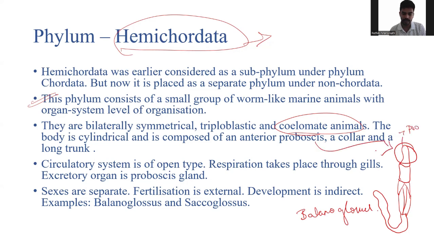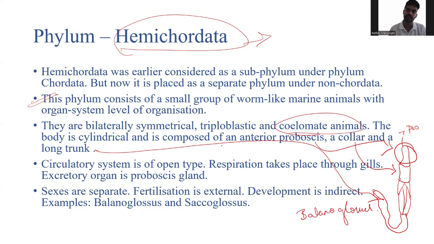The middle part is called the collar, and the long trunk you can see is called the trunk region. So this is how the body has been divided.